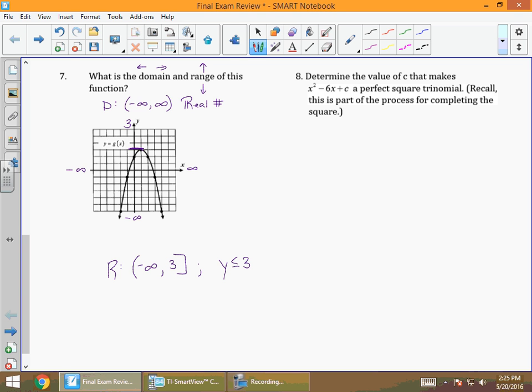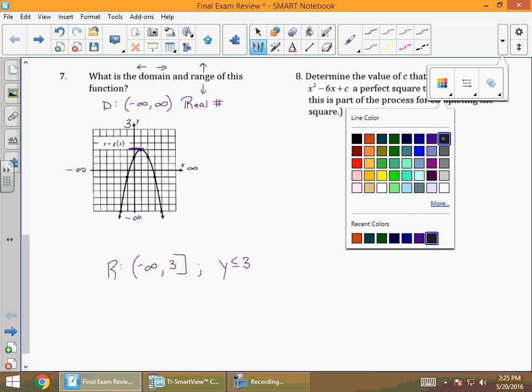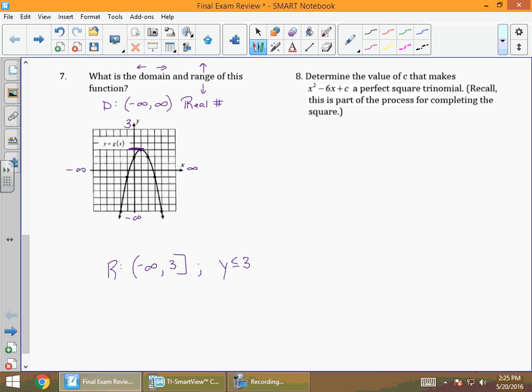Number 8. Determine the value of c that makes x squared minus 6x plus c a perfect square trinomial. This is part of the process of completing the square. So as I go x squared minus 6x plus, this is how we showed it in class. What is in the box? Well, in the box, we remember take half of b.